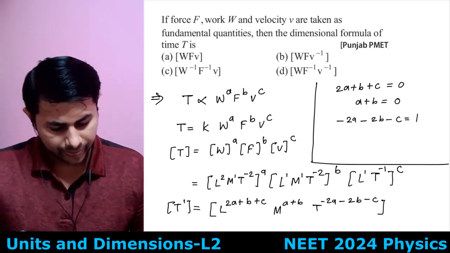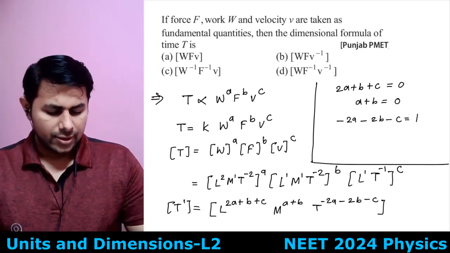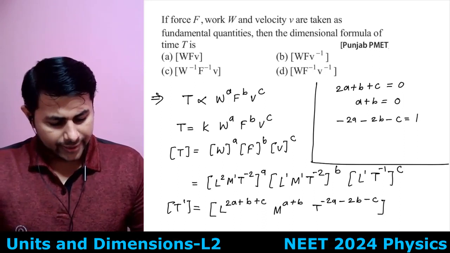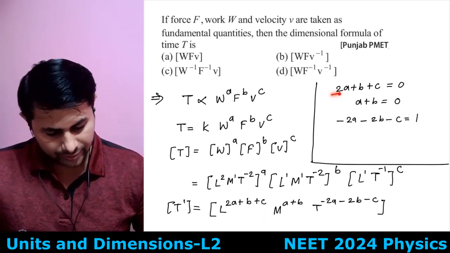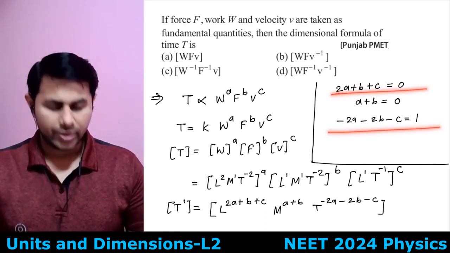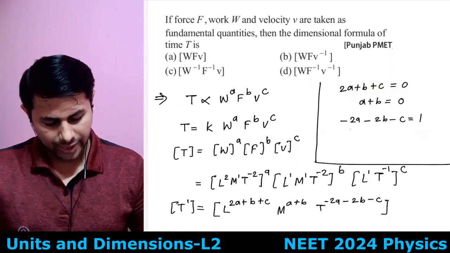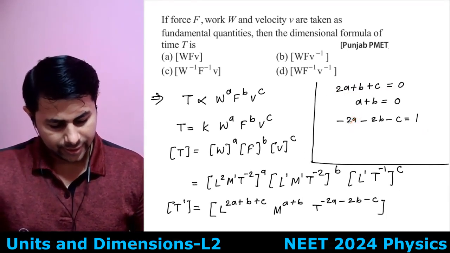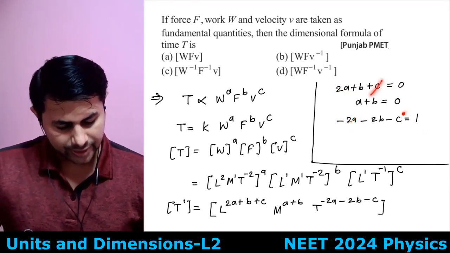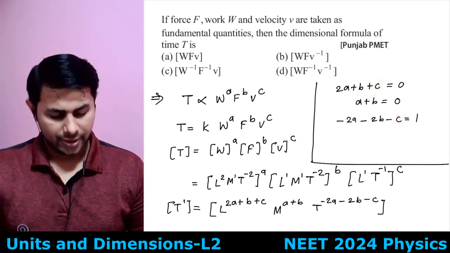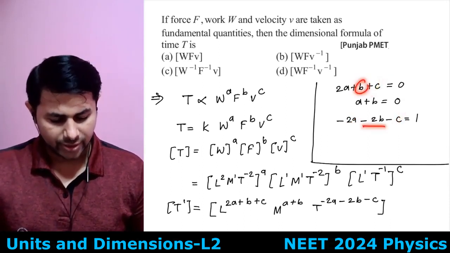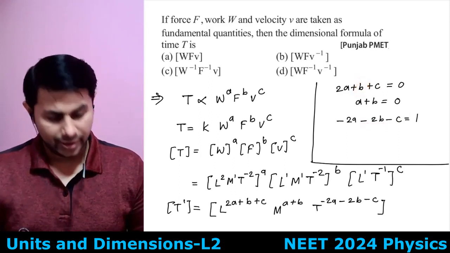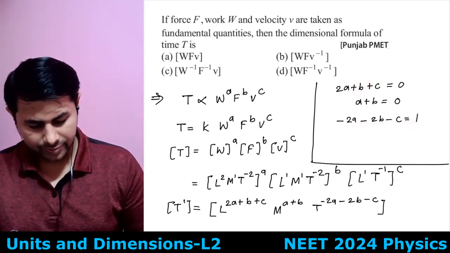It's third one. If we add the first equation and the third equation, 2A and minus 2A get cancelled, and plus C and minus C get cancelled. So we are left with B minus 2B, that's minus B, is equal to 1.